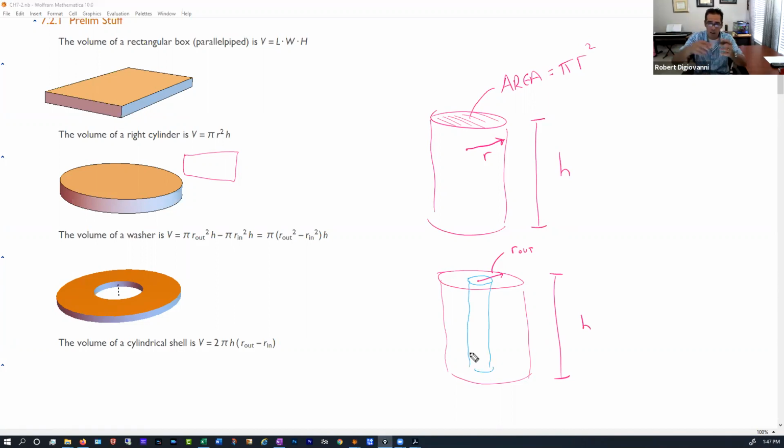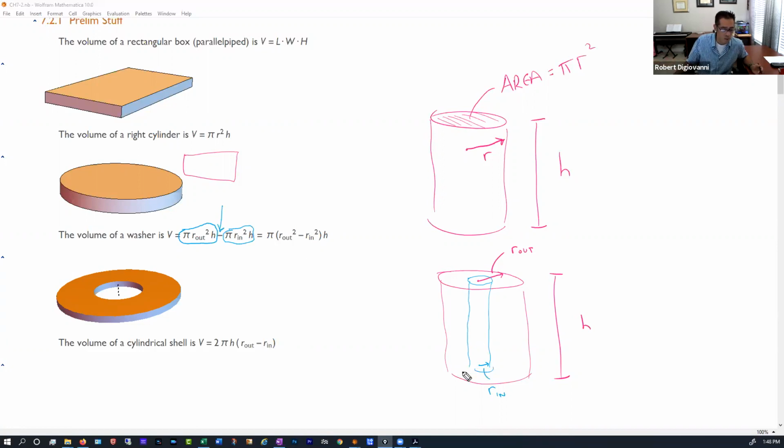The can was solid, but now I'm going to drill a hole. Well, if this cylinder on the inside has a radius of r in, then the volume of this thing should be the volume pi r out squared times h. That's using the outer radius, finding the volume of the whole thing, and then subtracting from it the volume of the inside piece. Does that make sense to everyone?